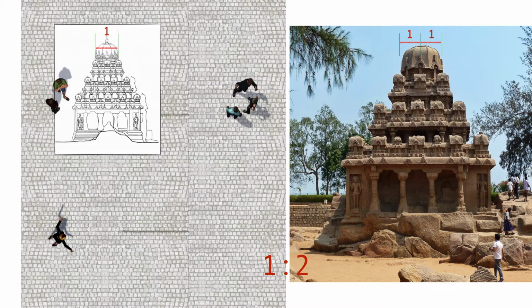This is quite important, so I'll say it again. The unit of measurement on paper represents or shows 2 such units from the actual object. In the drawing, the shikhara is half the size, so it is measured in 1 unit. In the actual building, it needs exactly 2 such units to measure it. This is 1:2 scale.